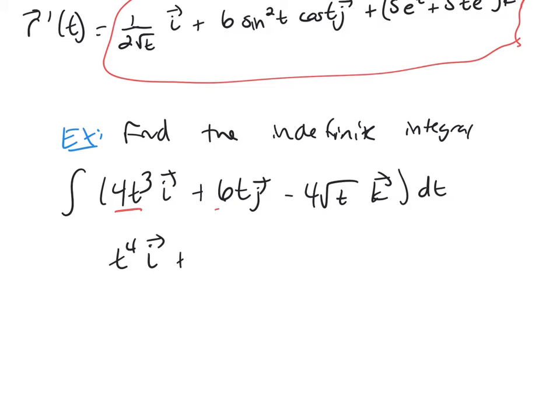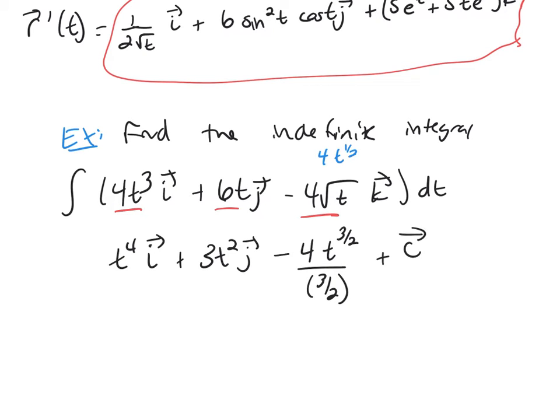If I integrate 6t, you're going to get 3t squared. And then 4 square root of t, think of that as being 4t to the 1/2. So if I add 1 to the power, it would be t to the 3/2, plus c. And your constant c here is not just a scalar, it's a vector now.